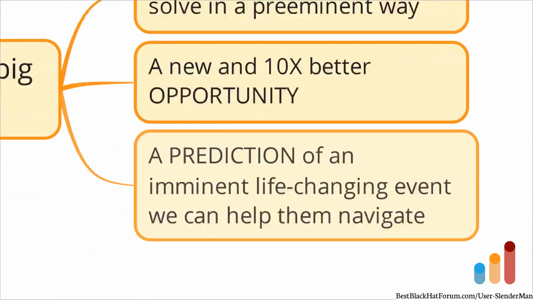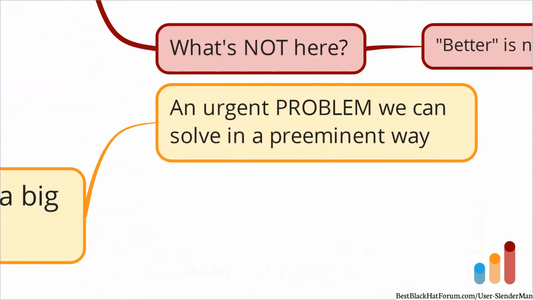So again, I'm going to back up just a little bit. These are the only three big ideas that function as the entire foundation for what is effective to start a persuasive selling message.